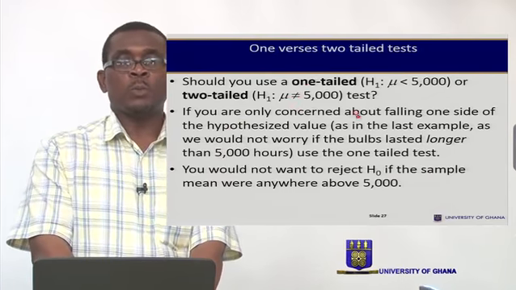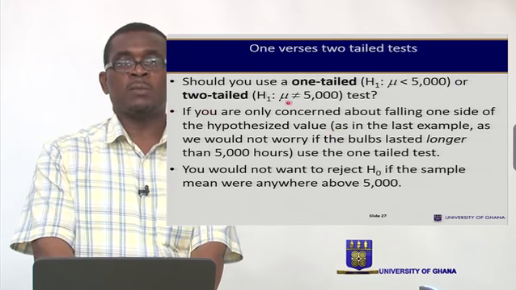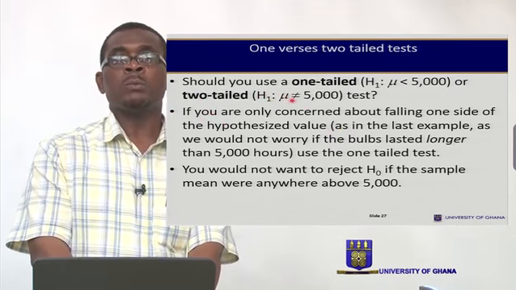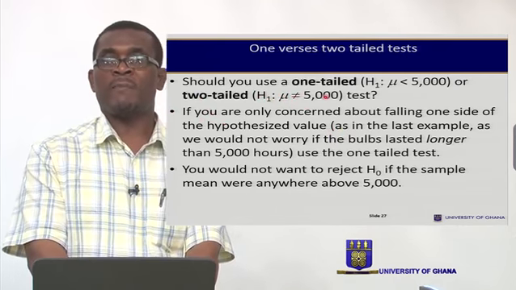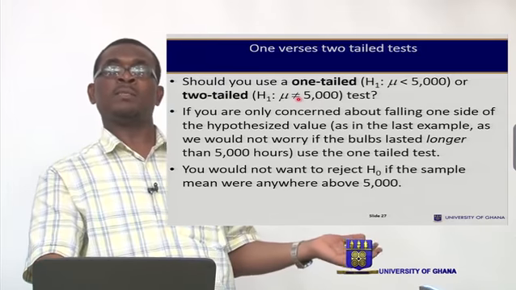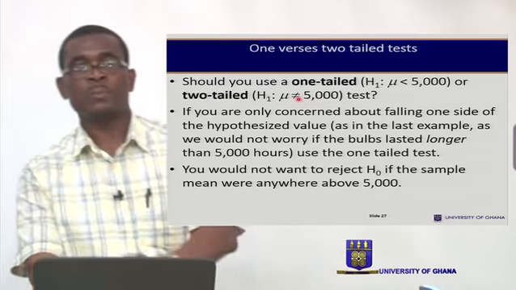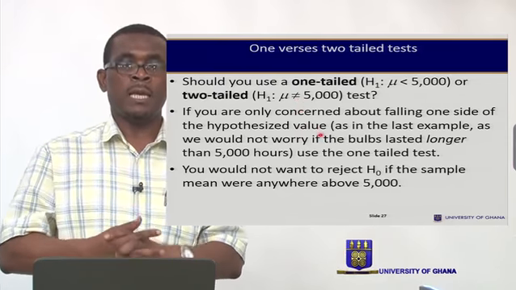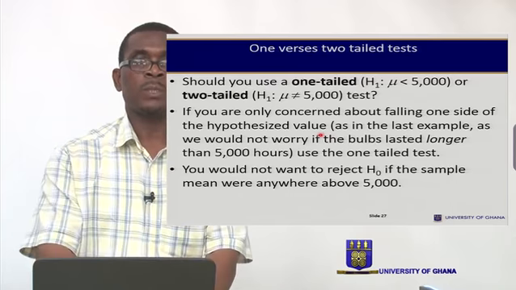Now, were we to use a two-tailed test, we would have written the alternative as mu not equal to 5,000. So not equal to 5,000 means it could be less than or greater than. Okay, so that's it. But when will you use the two-tailed test?